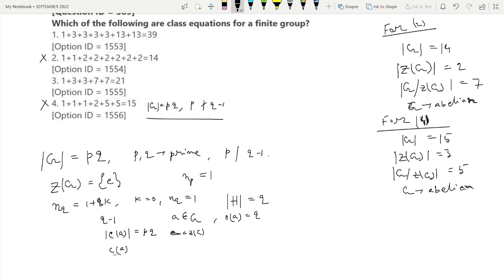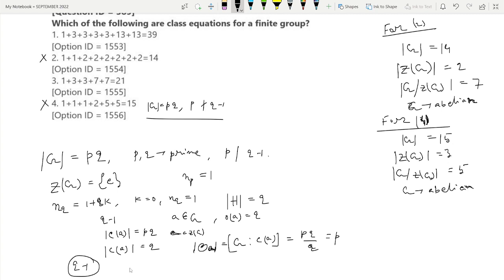So this centralizer must be a subgroup of order Q, and hence the order of the orbit of A will be G index C(A), that is equal to PQ by Q, so this is P. So see, there are exactly q minus 1 elements of order q, and each orbit of A contains p elements, and in this orbit there are only elements of order q.